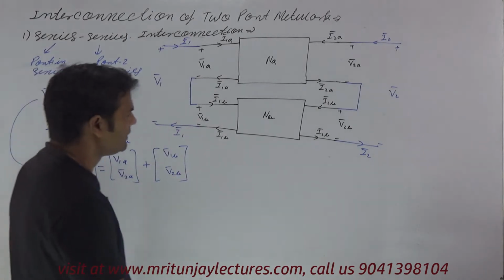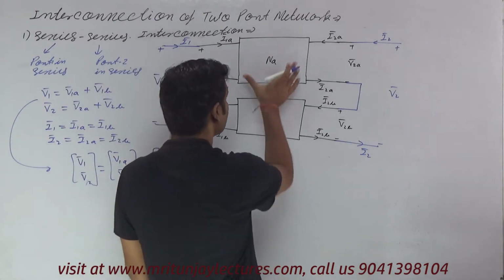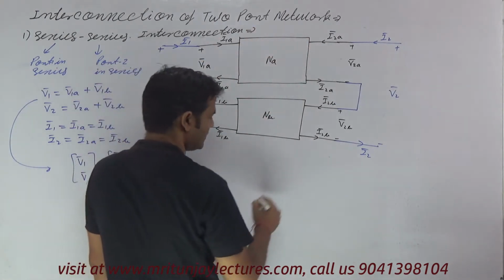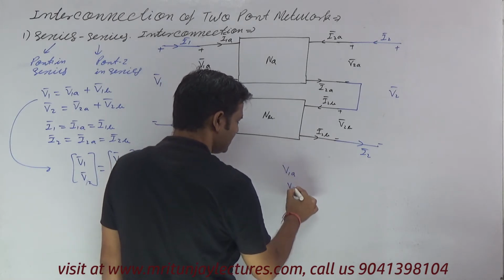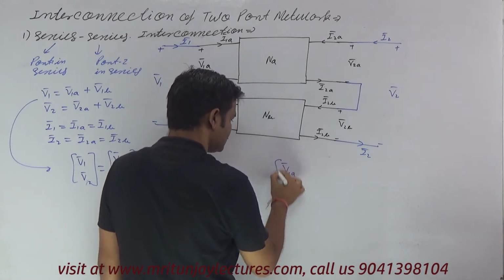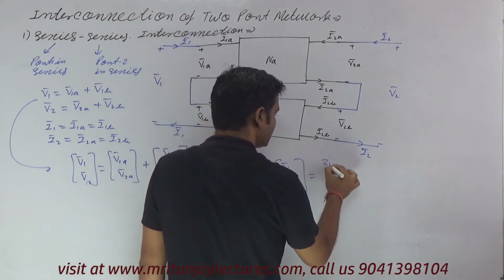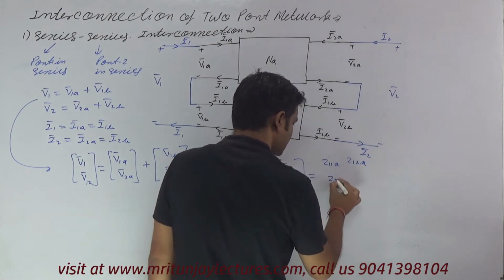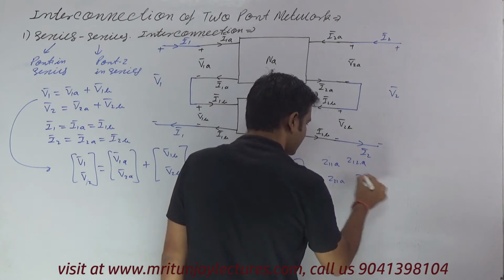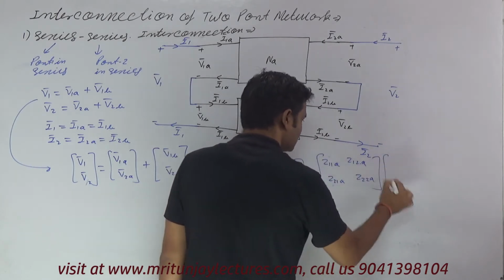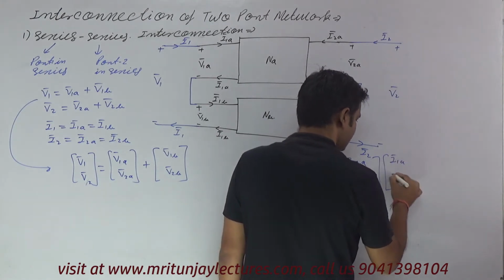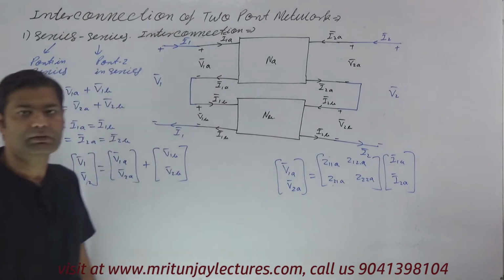Okay, now I know that V1A V2A corresponding to this network is written as Z11A Z12A, Z21A Z22A, and this one I1A and I2A.